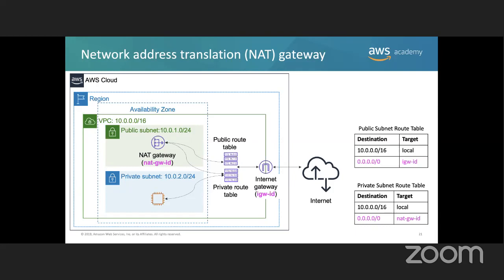A NAT instance is a simple EC2 instance that acts as a NAT, right? A NAT gateway doesn't crash or anything. It's not a server. It's a service, and it's super highly available. It's a device in the network, like the internet gateway.